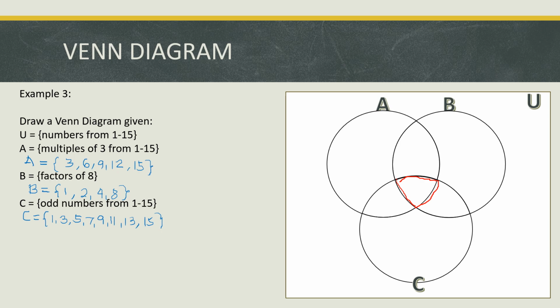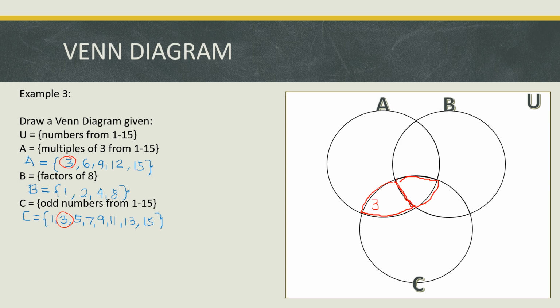Next, this part. This part is the intersection of A and C, or circle A and circle C. So we need to find elements that we can see on both set A and set C. So what are the elements they have in common? We have 3, so we're going to write 3.